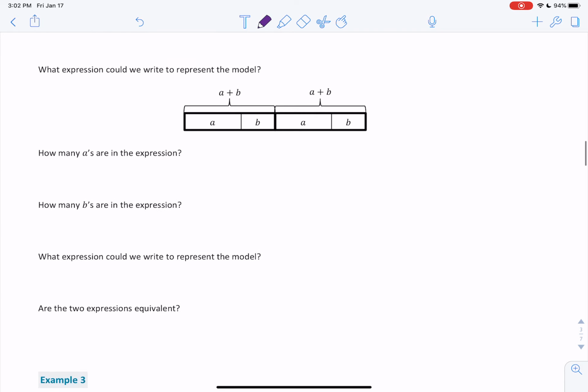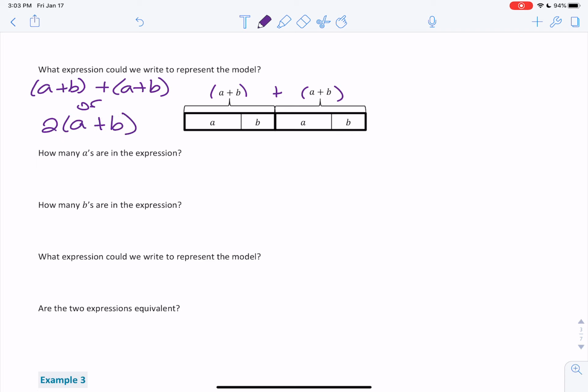What expression could we write to represent this model? So, we could write the expression A plus B plus A plus B, right? Because this is how it would look. Another way we could say it is simply 2 times A plus B.